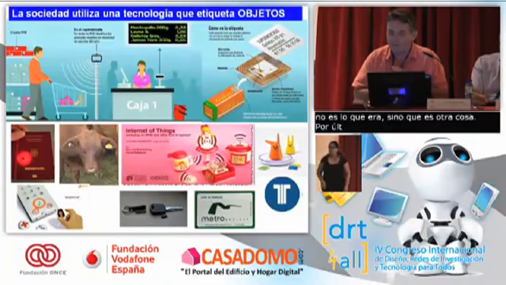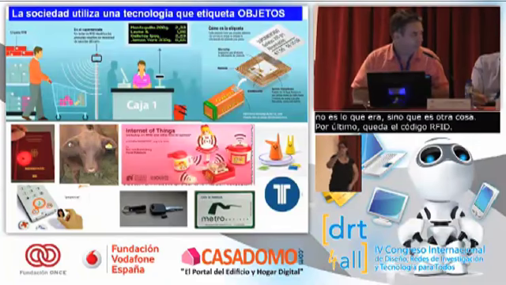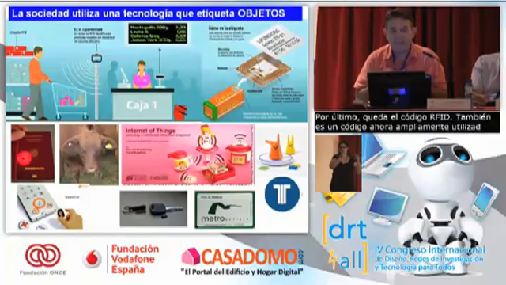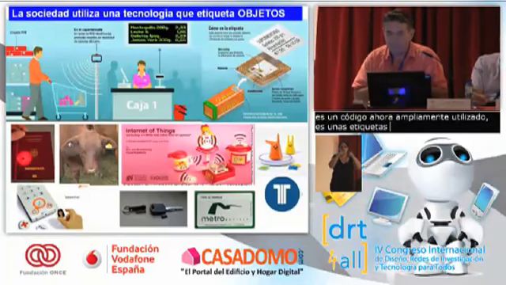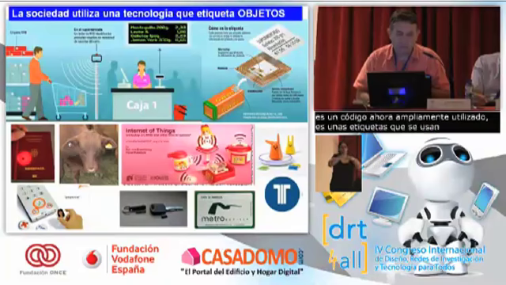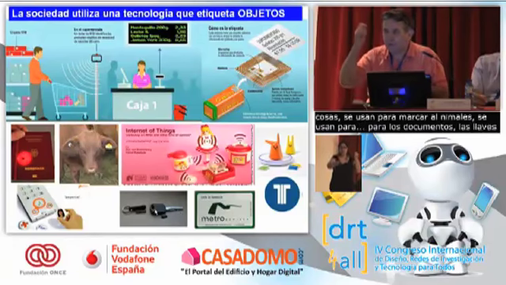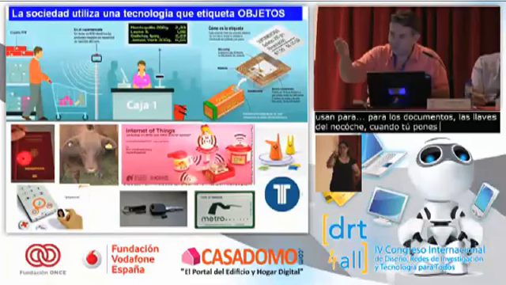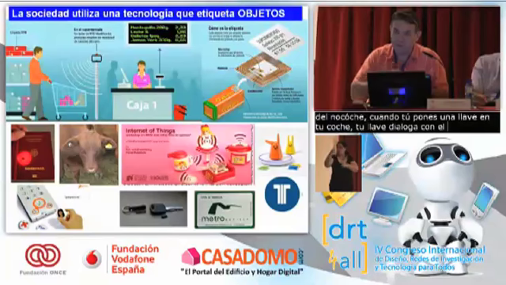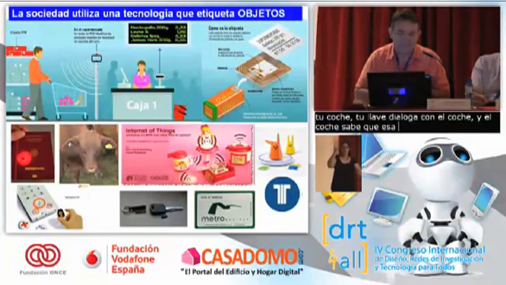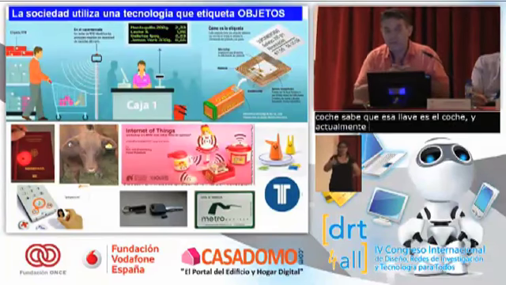And then we have the RFID code, which is also widely used. It's labels used for many things, to tag animals, for documents. The car keys, when you press the car key, the key is having like a dialogue with the car.